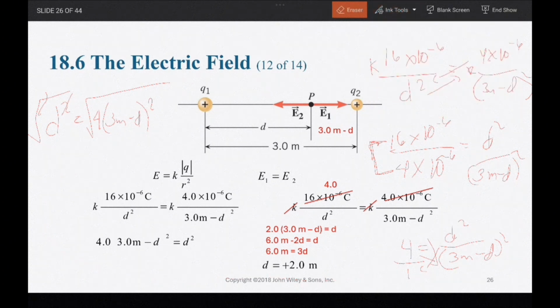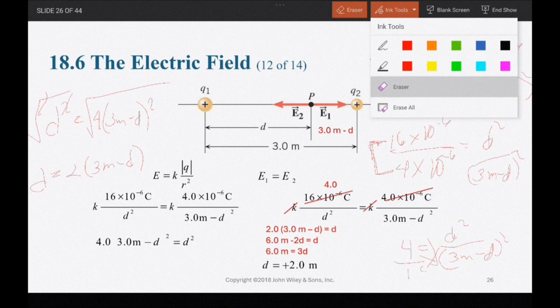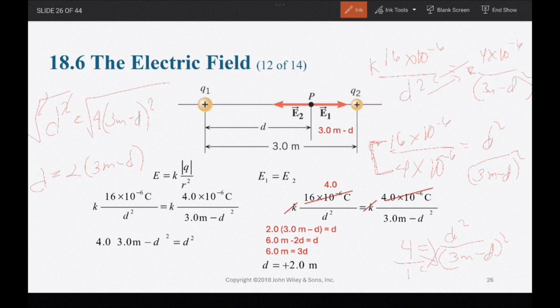You will get d is equal to 2 times (3 meters minus d), because it is in parentheses, so it can't move. Oh, sorry, the square is gone already. After that, we distribute.